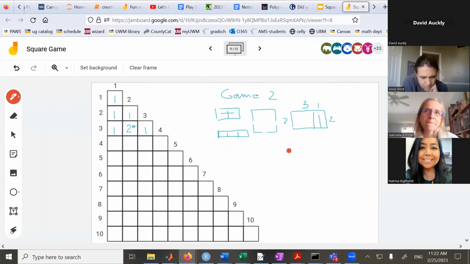Could you repeat the rules of game 2? Yes, so in game 2, a person is allowed to draw in several squares, but they have to be the same size squares.